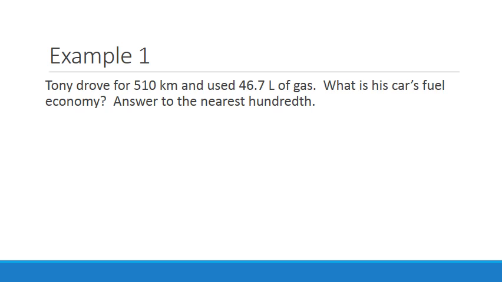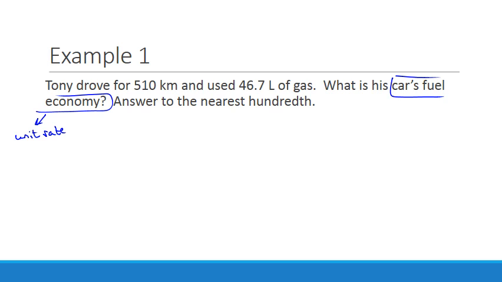Let's look at some examples. Tony drove for 510 kilometers and used 46.7 liters of gas. What is his car's fuel economy? Answer to the nearest hundredth. Okay, so when they're talking about the fuel economy, they're really asking for a unit rate.